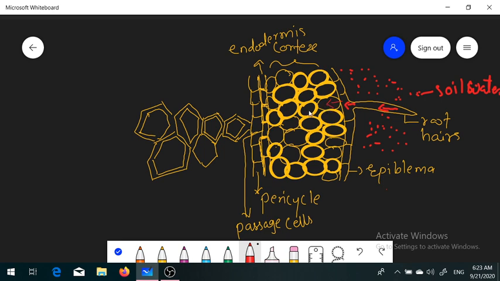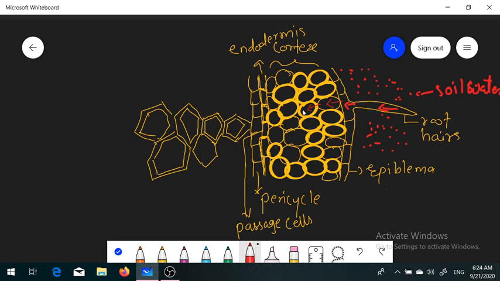Then there is the adjacent cell. This second adjacent cell has high osmotic potential, while this cell absorbs the water and becomes turgid, so it reduces its osmotic potential. The adjacent cell has less water and therefore high osmotic potential, so it absorbs water due to the DPD.